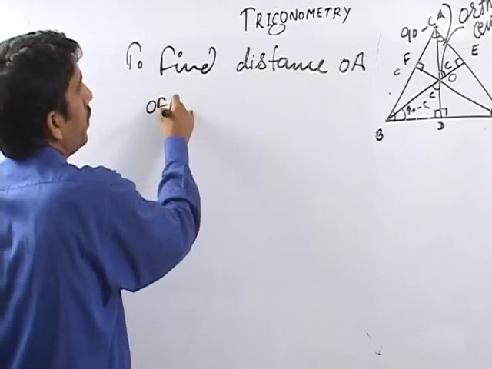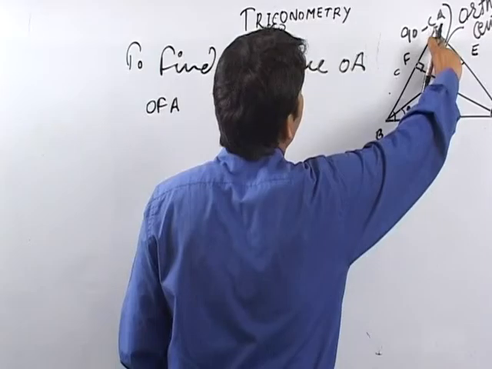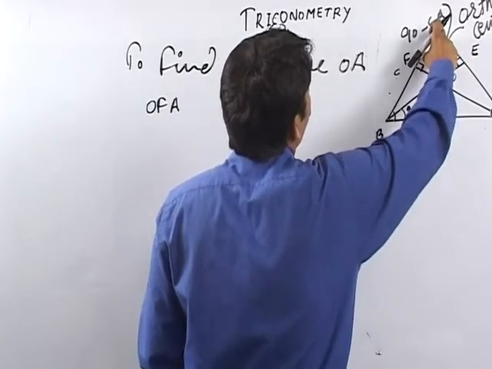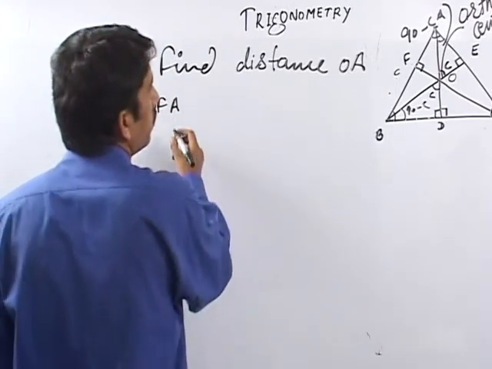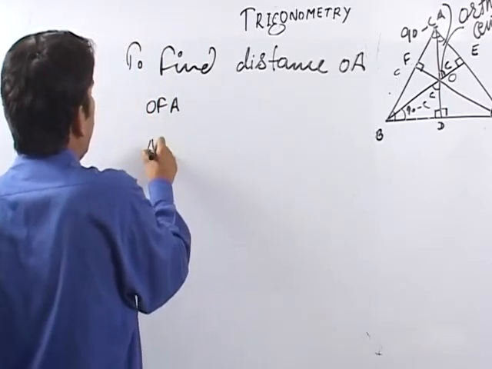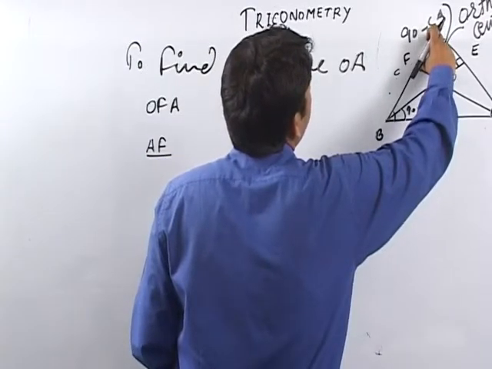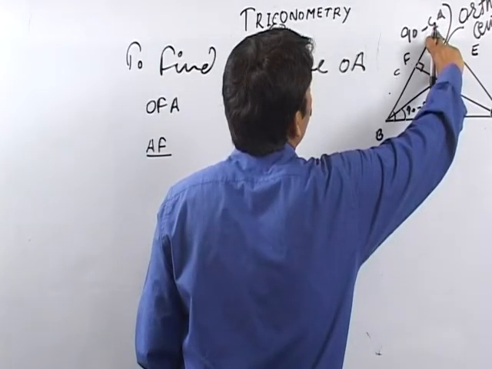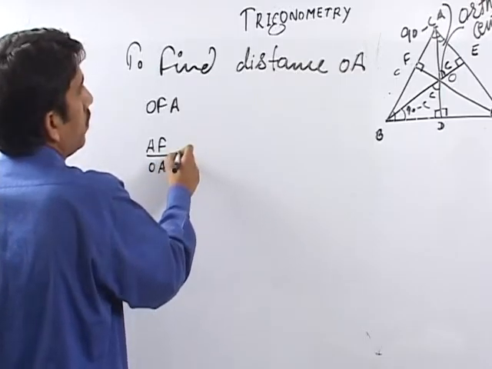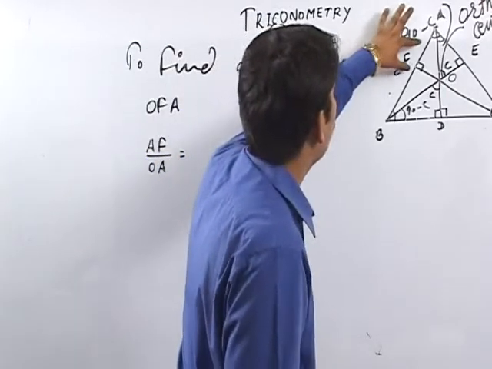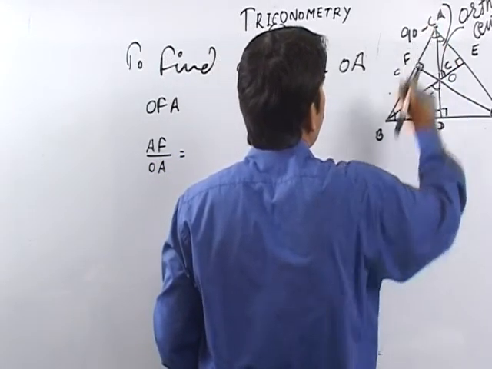In OFA, since we have to find out OA, we will take AF over OA is equal to, now what is AF and what is OA?